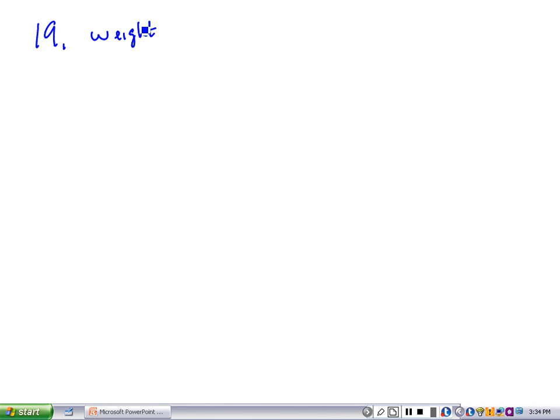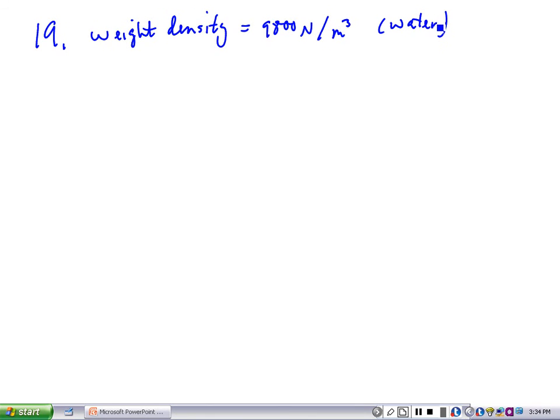So the weight density in the metric system is 9,800 newtons per cubic meter. This is for water, so we need that. And you can look at the image there. They give us the height is 5 minus y.